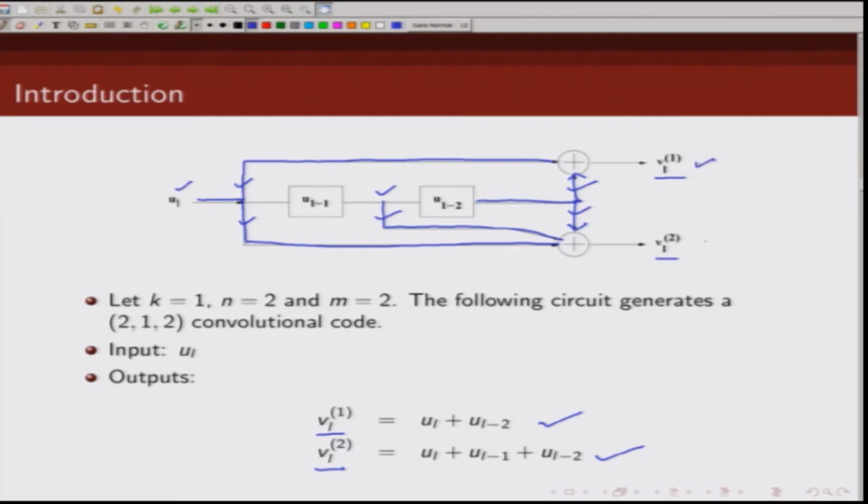These coded bits were generated by various combinations of input and these past inputs, and whether a particular bit appears in the output is governed by these interconnections. Whether there is a line connecting this part to the output or not determines whether that particular bit is participating in the output bit.